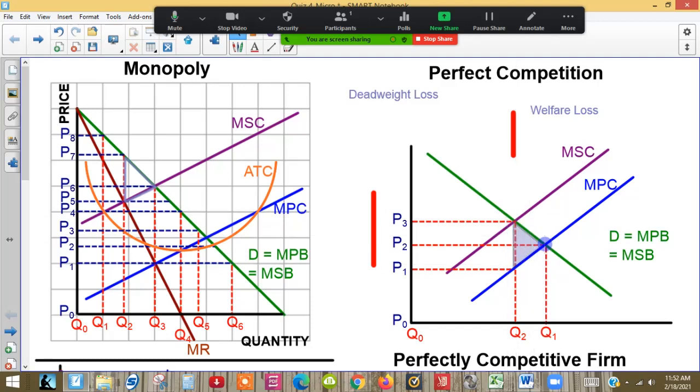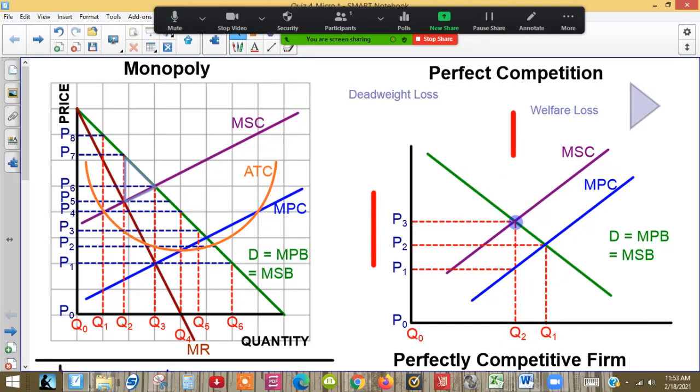So when this market is taxed and it moves from here to here, you get rid of this welfare loss. So in this situation, the tax accomplished what it was meant to accomplish.